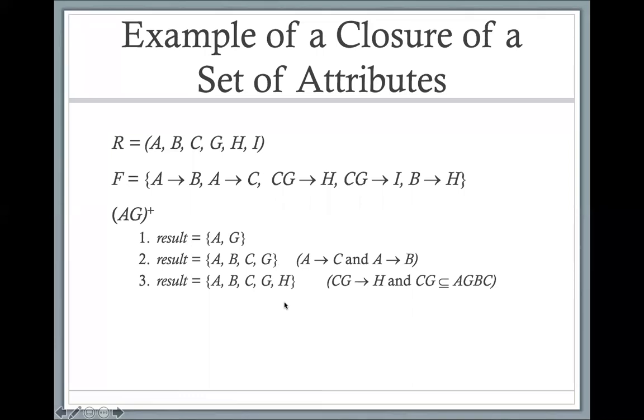Now what do I add next? I also have CG determines I, so I can add I. So the closure of AG becomes A, B, C, G, H, I. I computed the closure of AG and it gave me all the attributes in the table, A, B, C, G, H, I.